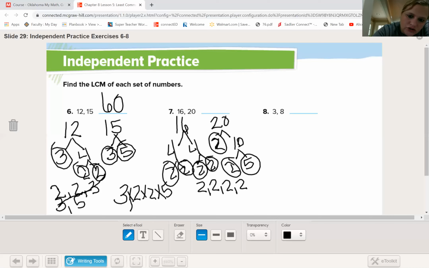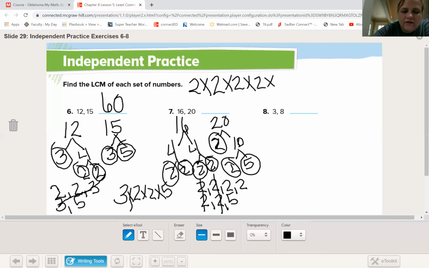And then 2, 2, 5 for 20. Okay, so you might see automatically that these 2's combine to make just 1, 2. These 2's combine to make 1, 2. And then nothing else combines. So it's times 2 times 2 times 5. 5 times 2 is 10. 10 times 2 is 20. 20 times 2 is 40. 40 times 2 is 80. That's it.